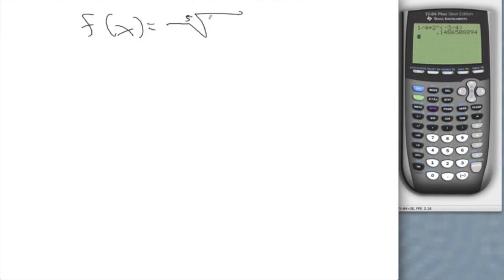Try this problem. Oh, I didn't give you a question. So here's the question.